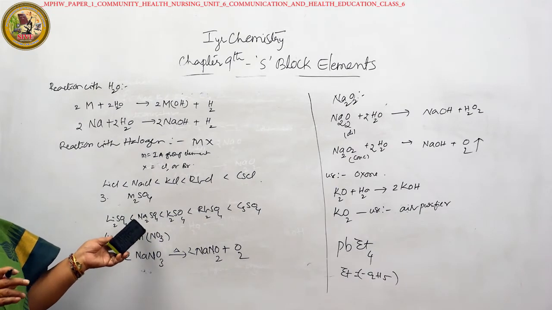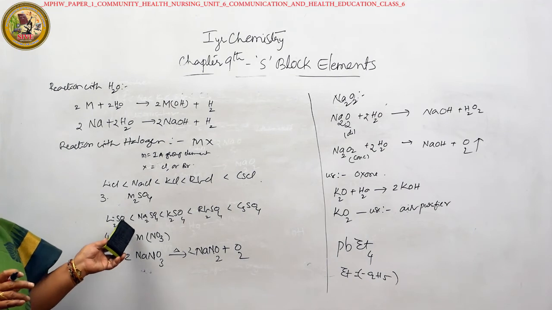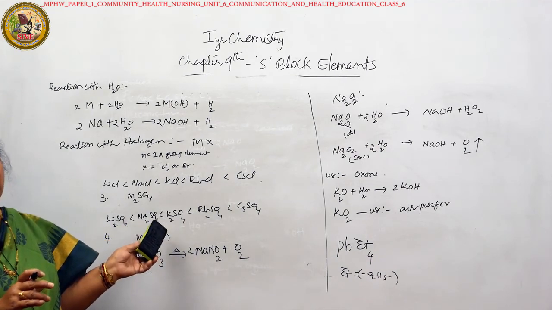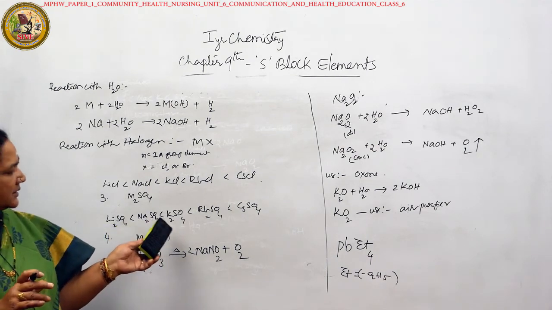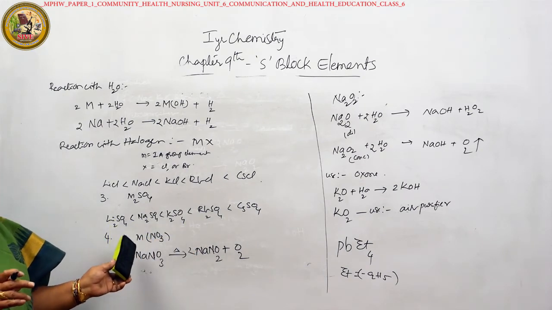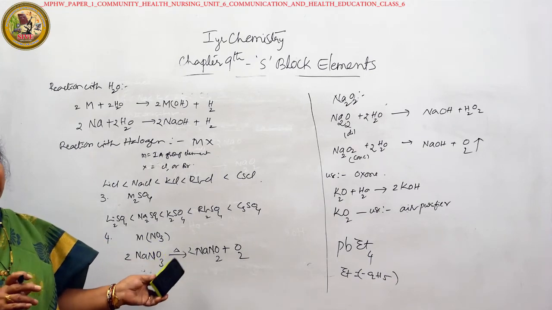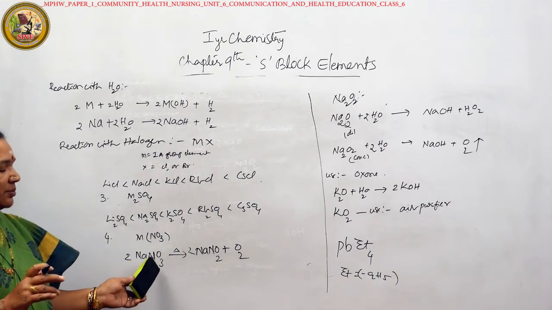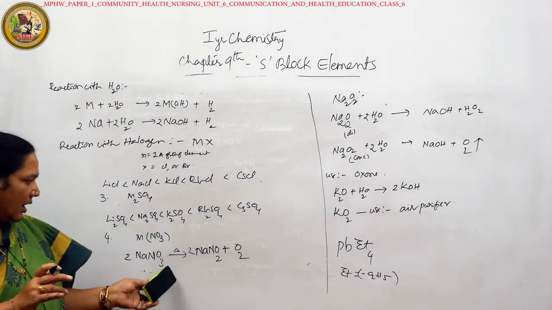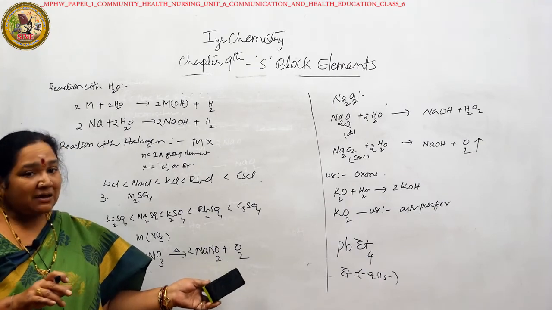They form sulfates with general formula M2SO4, and the ionic nature increases in this order. Lithium sulfate is the least ionic. They also form nitrates of the general formula MNO3, and sodium nitrate on heating forms sodium nitrite and releases oxygen.